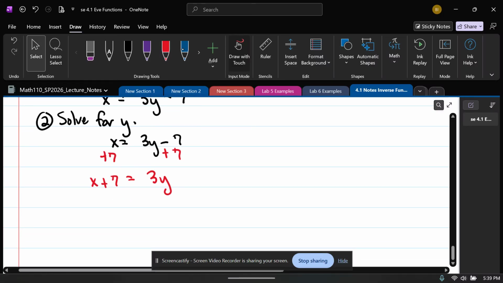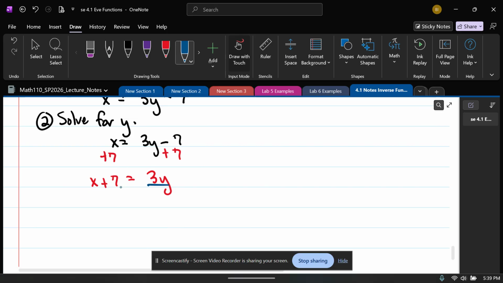We got one more step. Divide by 3. And I'm just going to divide every piece by 3. What's in front of that x there? A 1. That just helps me get a slope of 1/3. X plus 7 over 3 is equal to y. You have found the inverse.